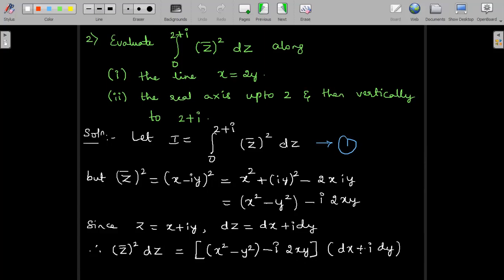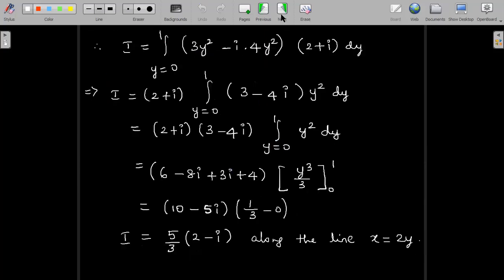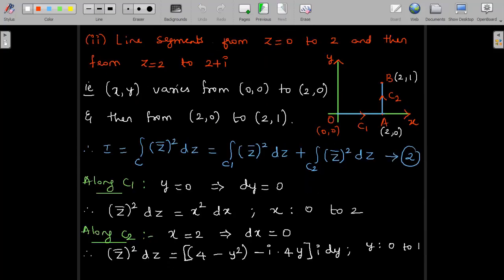And then we have dx equal to 0, so this vanishes. We just have i dy. That is how we get the product z bar whole square dz. Then we have everything in terms of y, so we need to write down the limits for y. So y varies from 0 to 1 looking at the figure coordinates of y along AB or along C2.